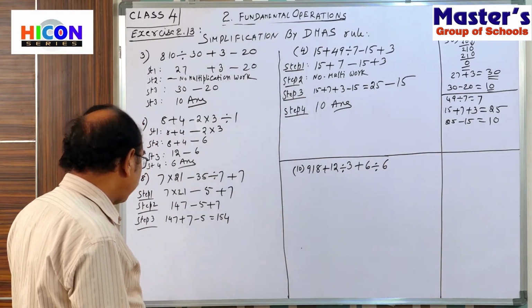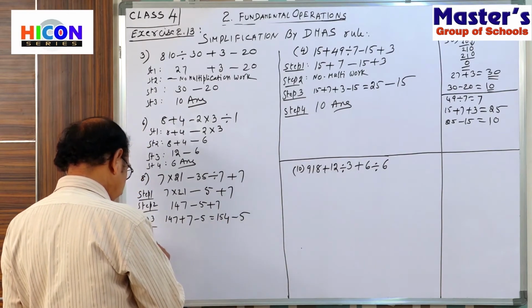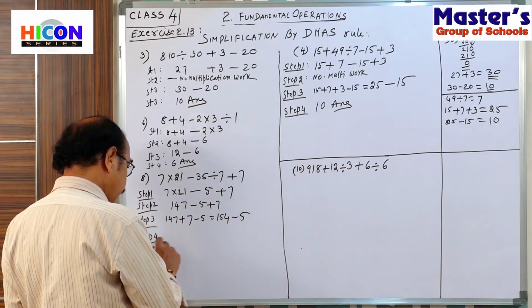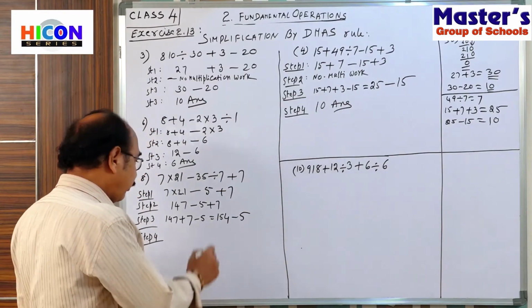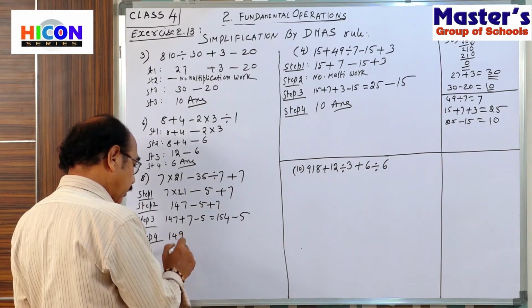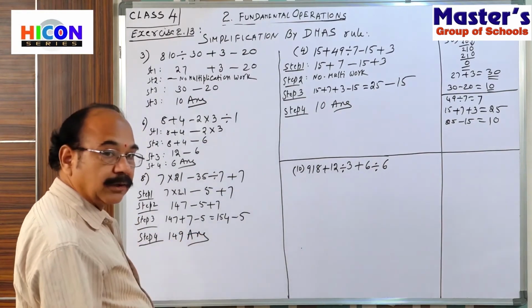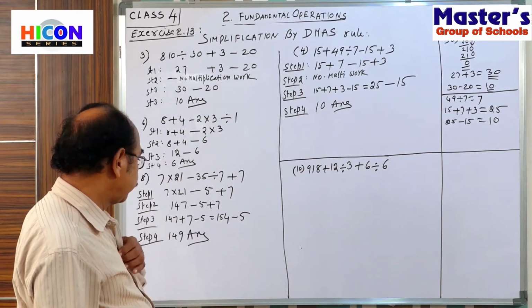Okay, 154 minus 5. Now step 4, come to subtraction. 154 minus 5 is how much here? 149. This is the answer of this problem.